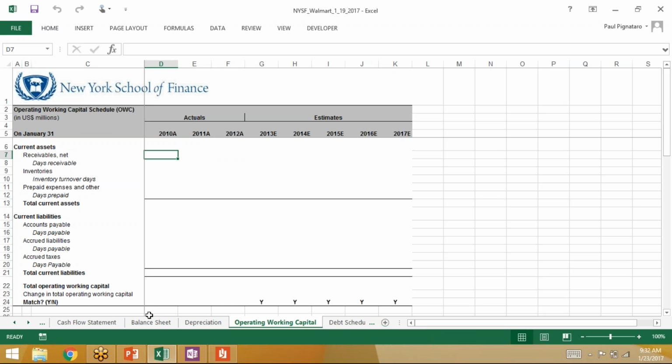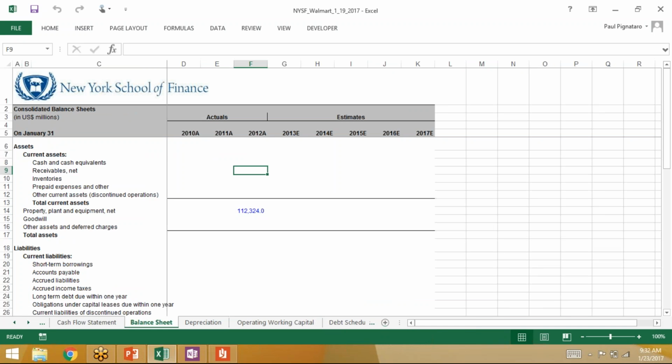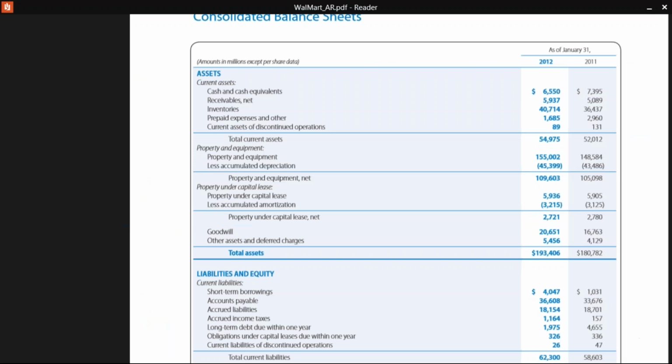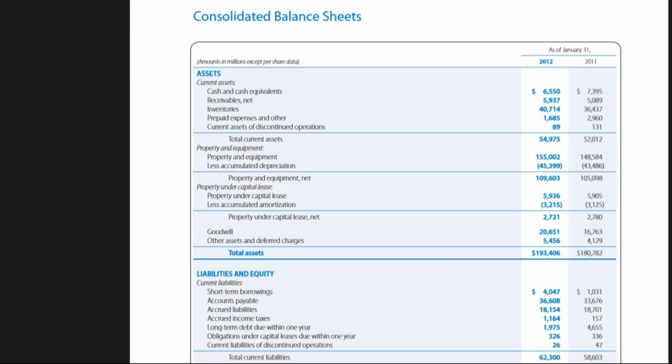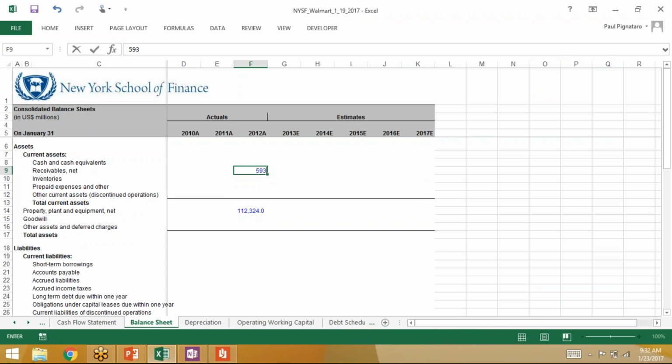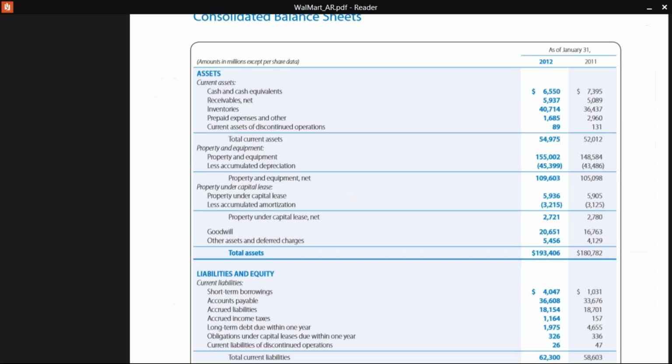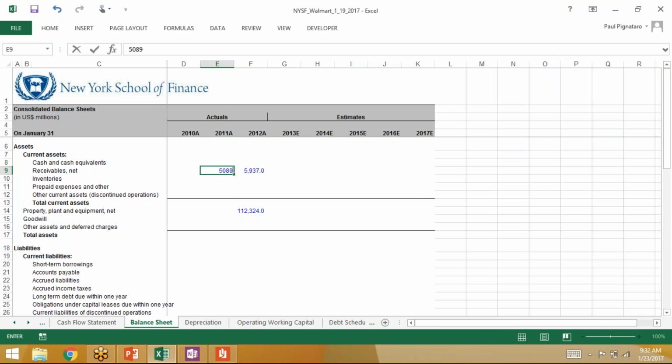So let's quickly go to the balance sheet and lay out the line items that we've identified as working capital. Receivables: they only have 2 years, so I'm just going to do 2 years. That's all we need. It's 5937, and the year before is 5089.